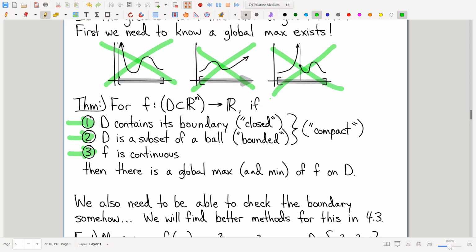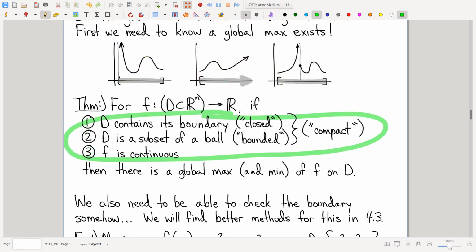If these three things hold, then as it turns out, yeah, there definitely is somewhere in your domain an absolute maximum value of the function that is achieved somewhere in that domain. It's a very useful fact to know. Notice these conditions are easy to check. And if you know that the absolute maximum exists, just look at your critical points. See where the function's the biggest. That's got to be the absolute maximum.